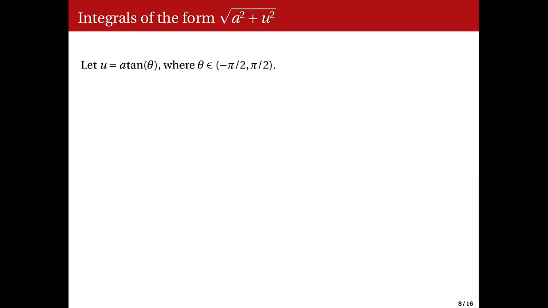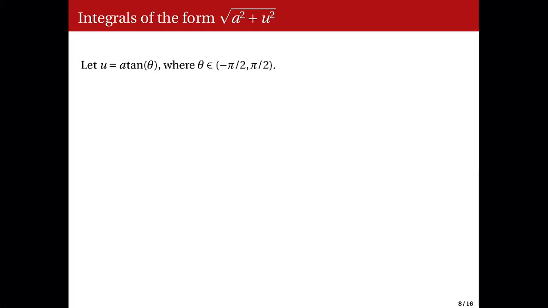And in here, your theta must be between negative pi over 2 and pi over 2, and we do not include the endpoints. Because, of course, at pi over 2 or negative pi over 2, tangent will be undefined. So we do not include the endpoints.